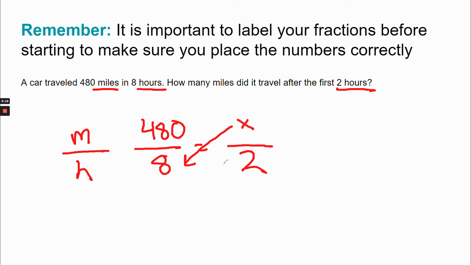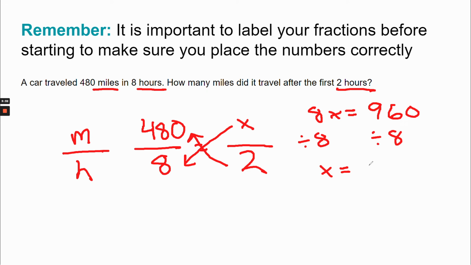We cross multiply and we get 8x equals 480 times 2, which is 960. Divide by 8, divide by 8. x equals 120 miles. I can find my label because the x is on the numerator, or the top, and that label is miles.